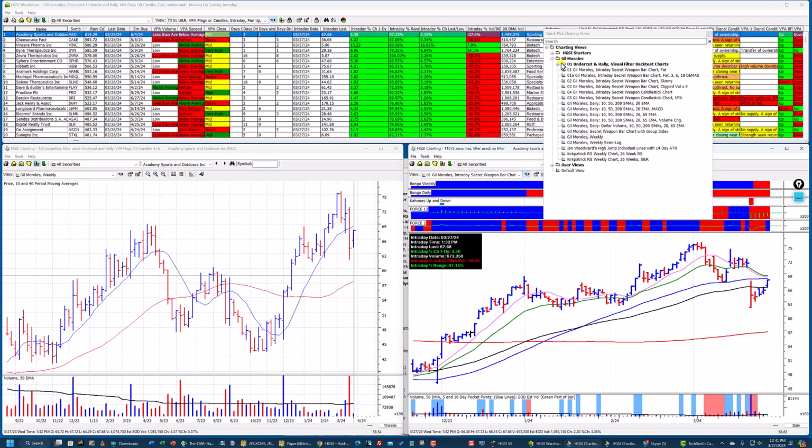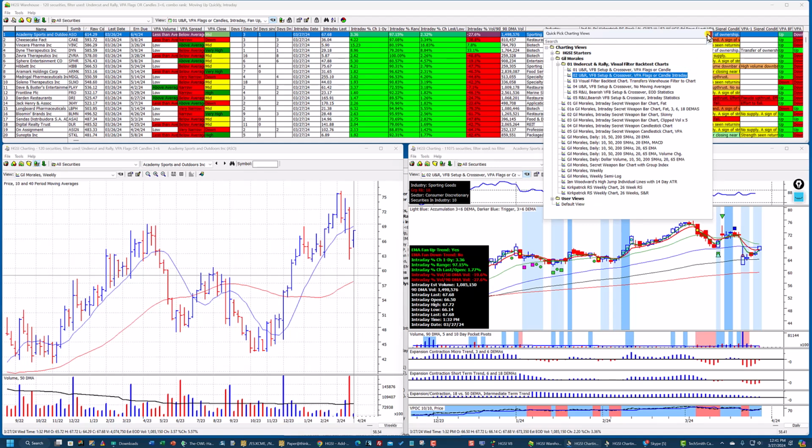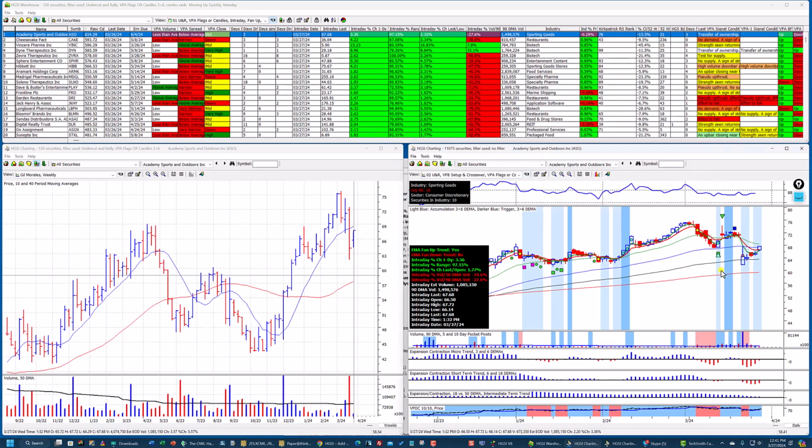I put these undercut and rally charts in here, and using Gill's colors, you can see that these were undercut. The fan is still up on here, 200, 100, the 50, and the 18, but the 3 went down below the 6 on this histogram, so it was undercut, and now these are starting to rally.